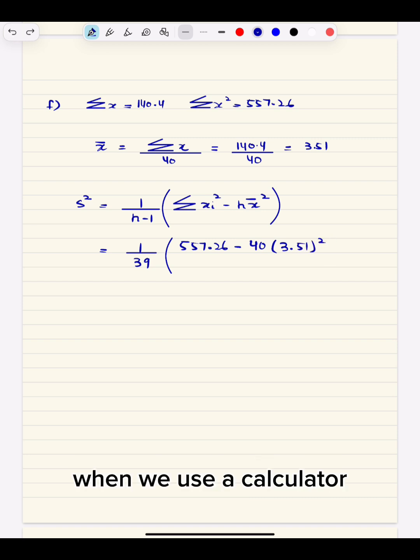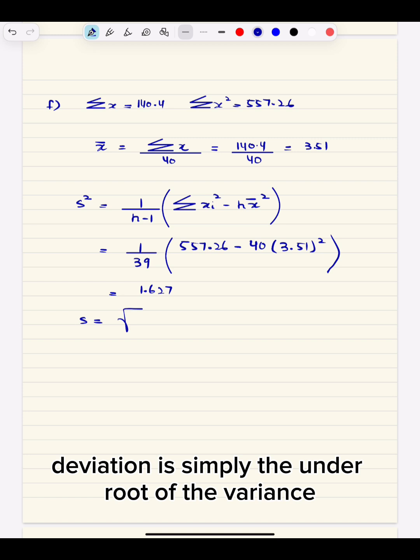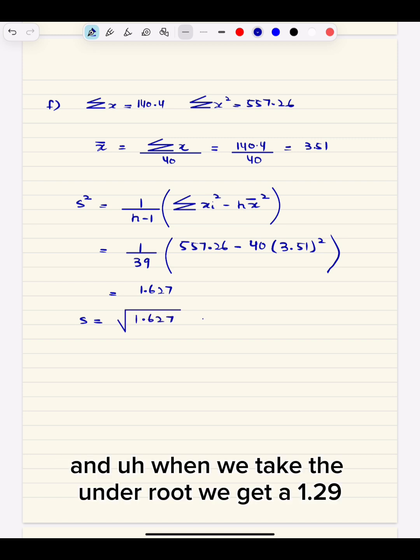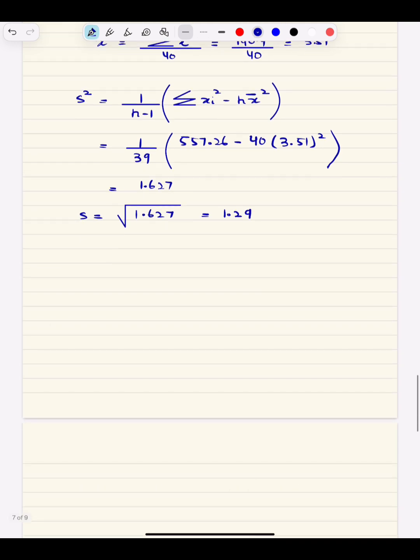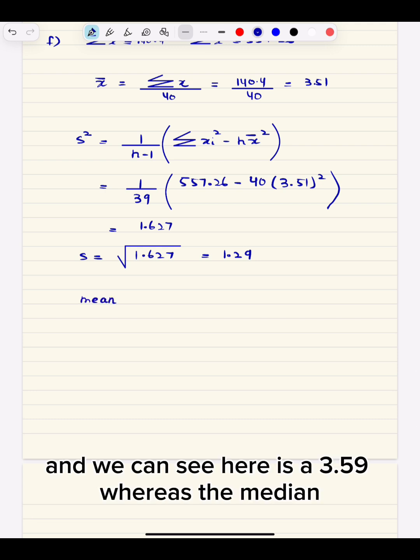When we use a calculator, the answer is 1.627. The standard deviation is simply the square root of the variance, and when we take the square root, we get 1.29.